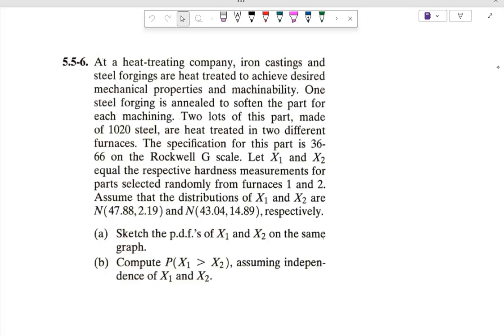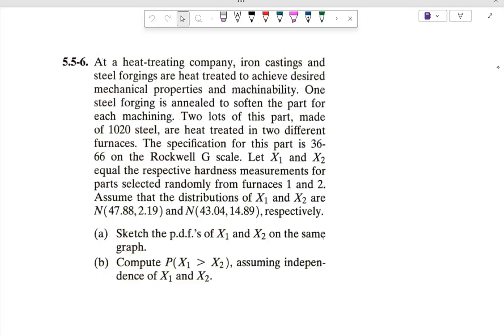It's got a lot of things going on here. It's got hardness measurements from a couple of furnaces, and it's telling you what the distributions are for the hardness levels of the two different furnaces. Lots of setup to get to an easy particular part.